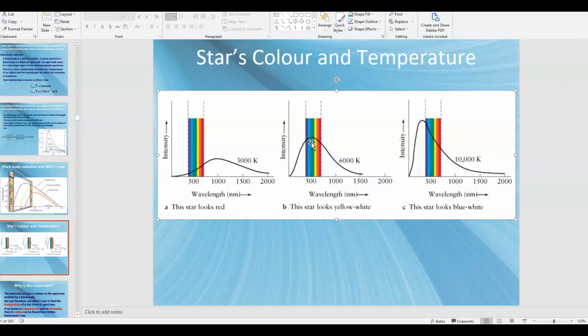So even if the peak was in the green part of the spectrum, the star wouldn't look green. That's the same reason why there are no pink stars or purple stars, because those colors are composites of other colors, and it doesn't work out based off of the shape of the blackbody curve.